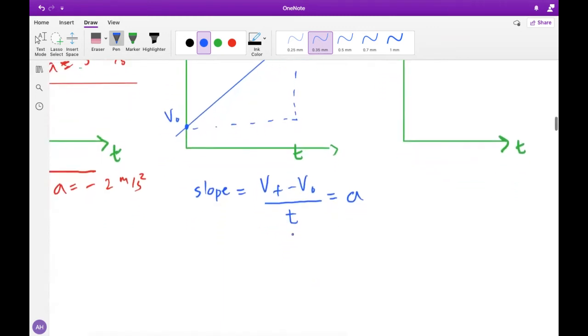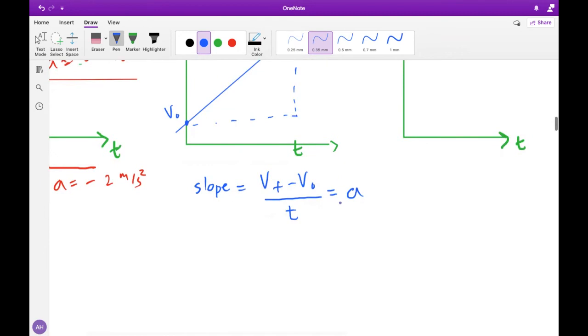And so now we can rewrite this equation to give us one of our equations of motion. If I manipulate this to solve for V final, I see that V final is equal to multiplying the time over and adding over the initial velocity, which gives us this equation here.